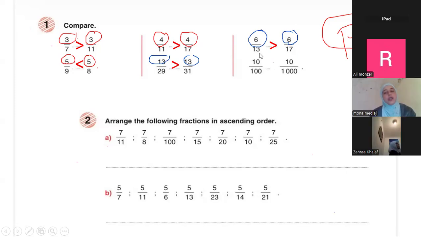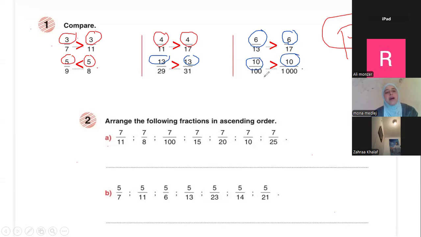10 over 100 or 10 over 1000? 10 over 100. Explain why, please. Because it is smaller. Excellent. The denominator is smaller. So here we have same numerators.